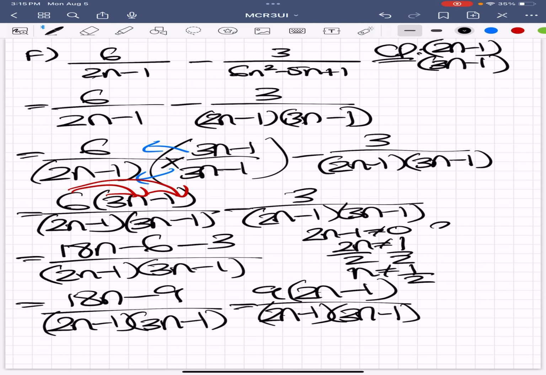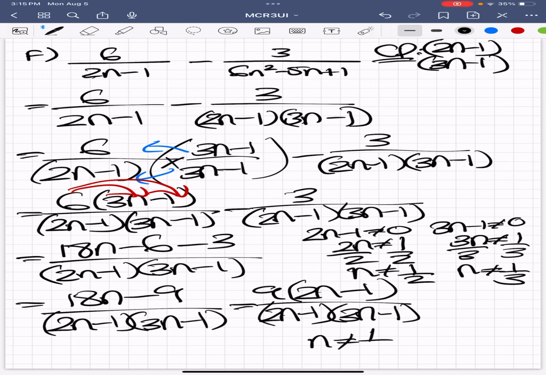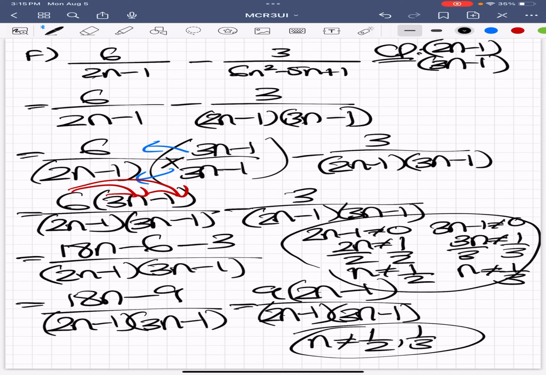And then 3n - 1 cannot equal 0, so 3n cannot equal 1, n cannot equal 1/3. So our restrictions are n cannot equal a half or 1/3. And then we have our answer. Okay, moving on.